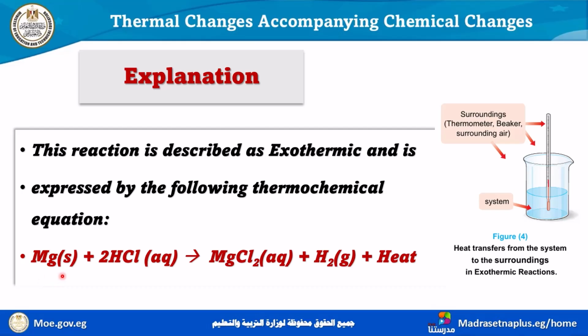Magnesium, Mg, which exists in a solid state, so we will write (s) between brackets, plus hydrochloric acid, HCl, which exists in an aqueous form, so we will write (aq) between brackets, gives magnesium chloride, MgCl2, which is also aqueous as the salt is dissolved in the water, plus hydrogen gas that is evolved during the chemical reaction, so it's in its gaseous state, so we write (g) between brackets, plus heat that is released and causes the increase in the temperature of the thermometer at the end of the reaction, as we discussed before.